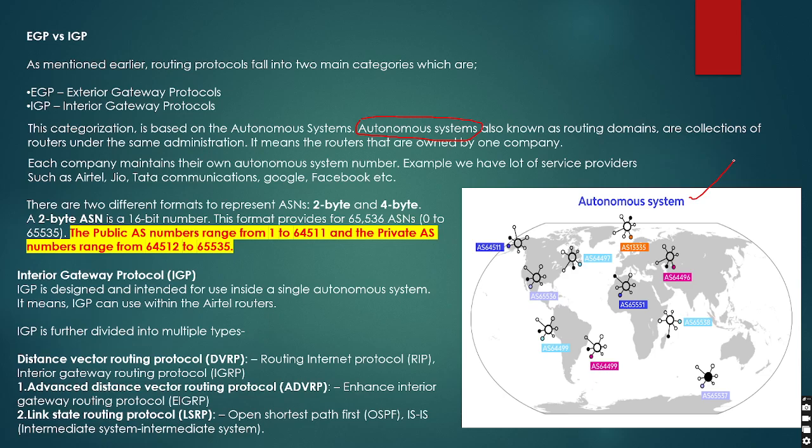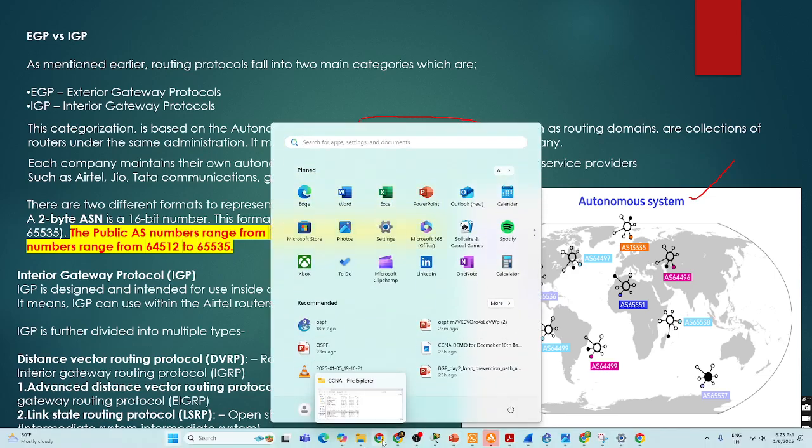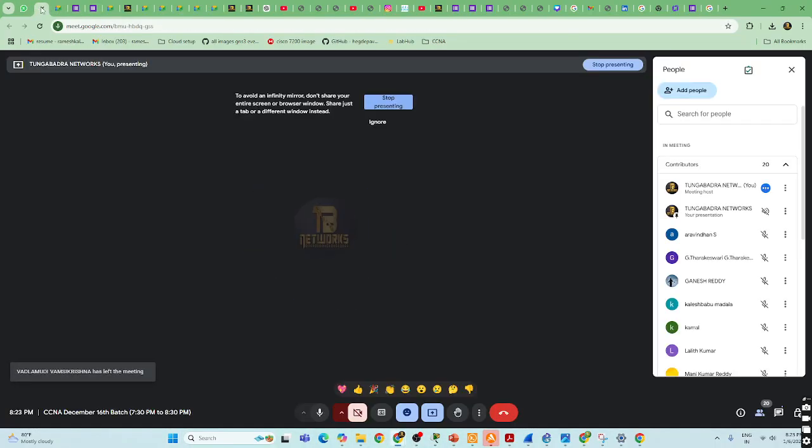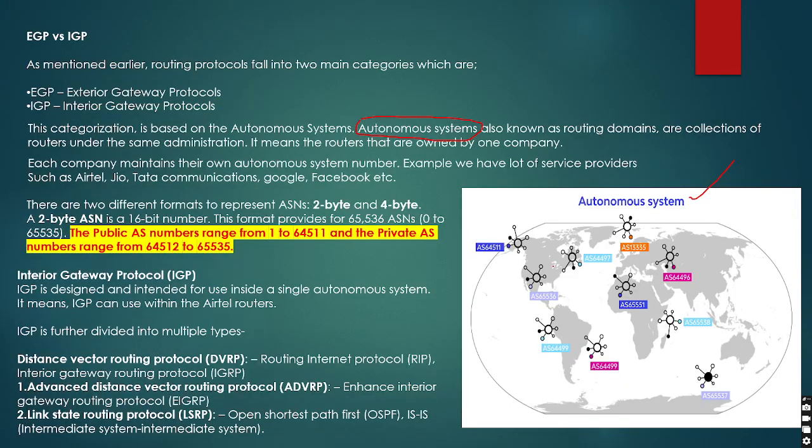Okay. This is what AS number is, brother. Each and every company maintains an autonomous system number. Suppose, what's your name? My name is Ramesh. I have my own service provider. I'm sitting in Kurnool. I'm giving internet connection to the Kurnool people. So I have my own autonomous system. I use routers, right?